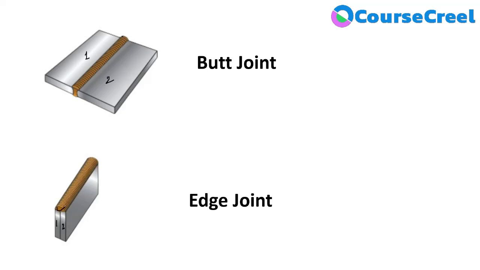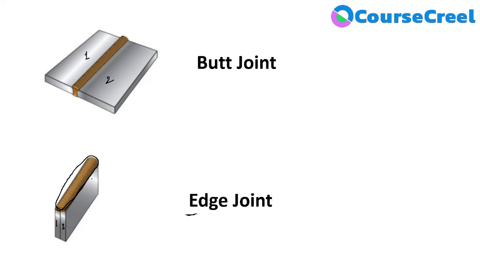And this particular part is defining the welding joint. So here the edges of two parts are joined together when placed parallel and adjacent to each other. So it is defined as edge joint.